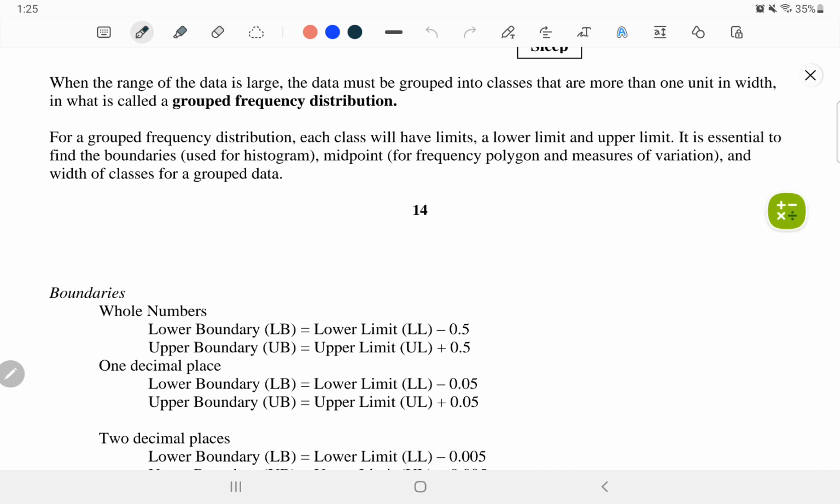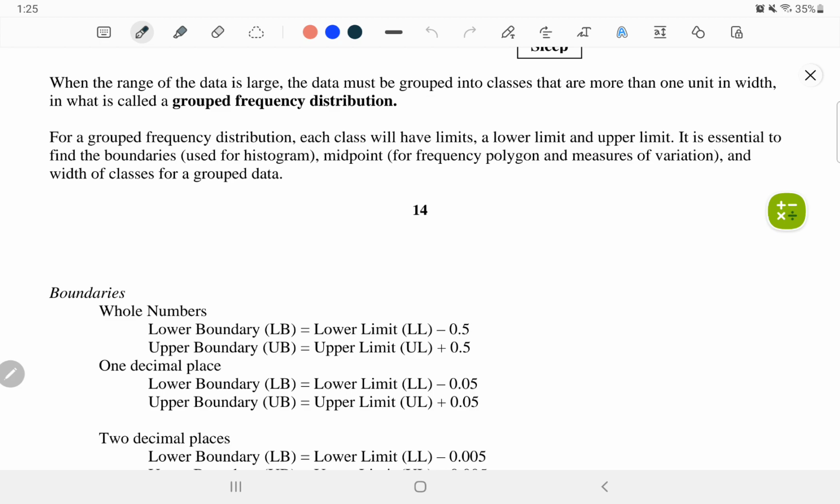When the range of the data is large, the data must be grouped into classes that are more than 1 unit in width, which is called a grouped frequency distribution. For a grouped frequency distribution, each class will have limits: a lower limit and an upper limit.